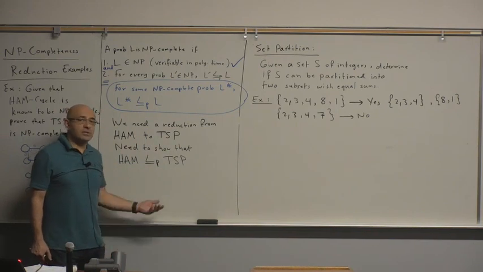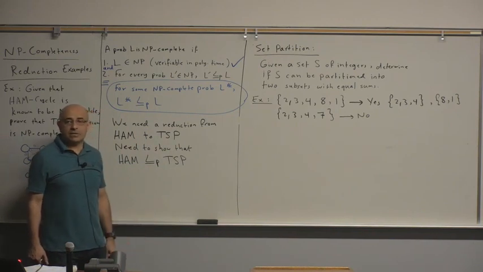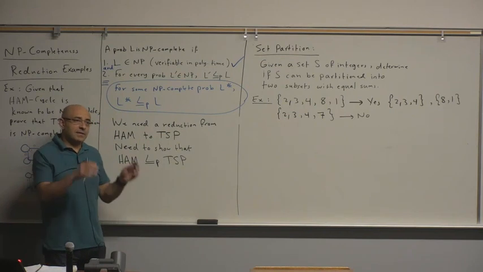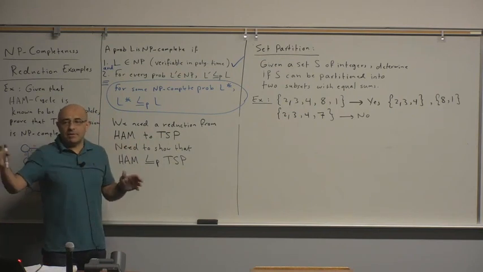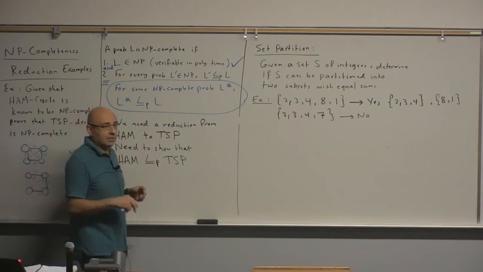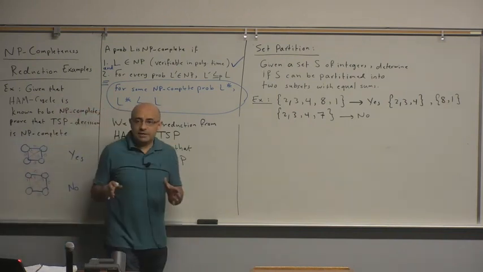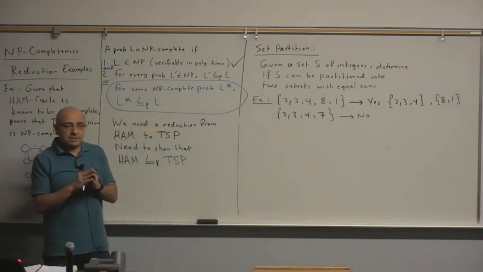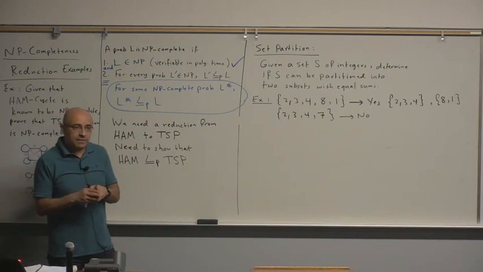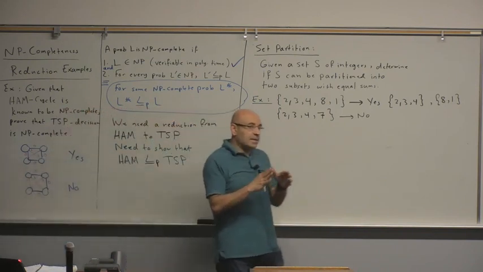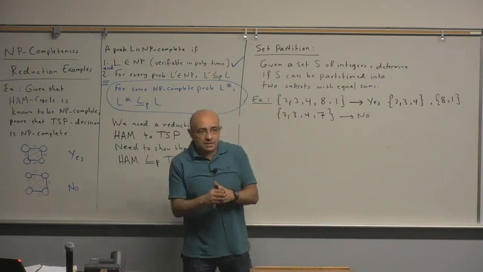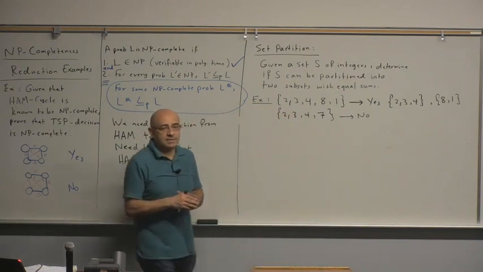So you should consider all subsets. So you look into all subsets and you see if the sum of the complement of that subset is equal. So you consider every subset, and for every subset you check if the sum of elements in that subset is equal to the sum of elements in the complement of that subset.